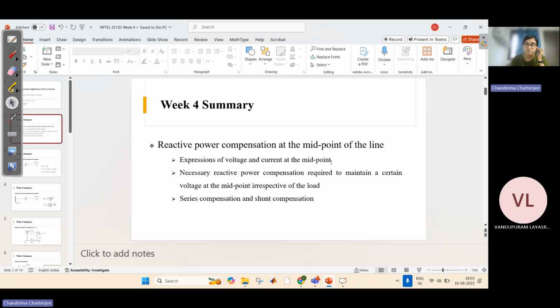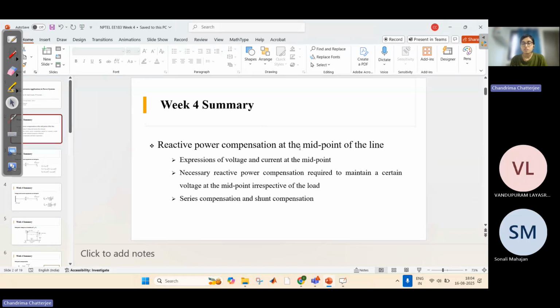And we also calculated the angle, the phase constant, and also the active and reactive power at some random point in the transmission line. It may be at any point, like some x kilometer away from the sending end or x kilometer away from the receiving end. So all those things we discussed in our last session.